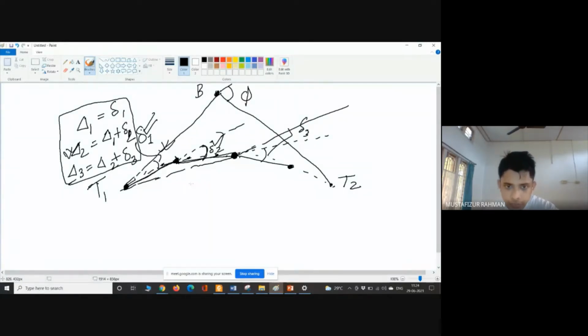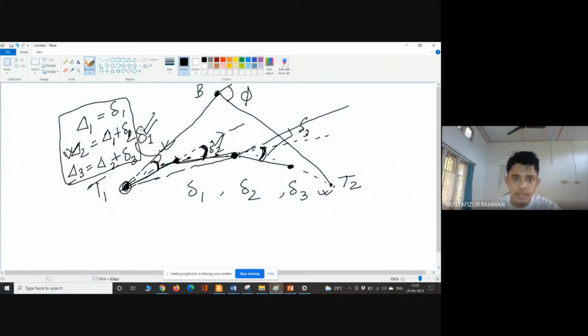So what I'm saying, the first value was delta 1, the second value was delta 2, the third value is small delta 3. These are small deltas. They are being taken here. The next one is here. The next one is here. If we do that, we have to change our equipment at every position. So we are here.